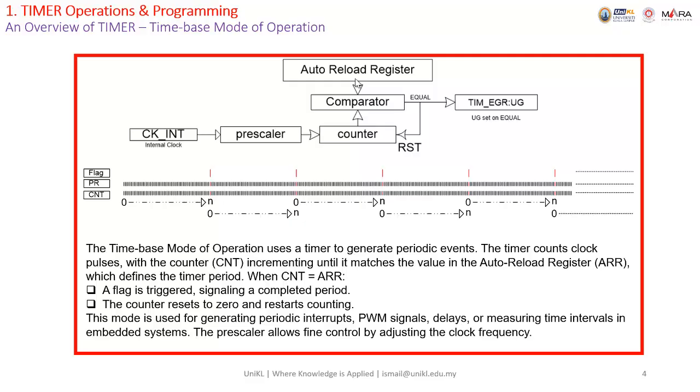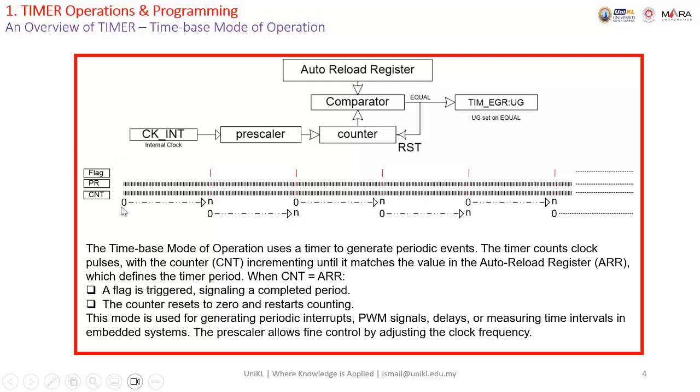At each time, the comparator will compare the value inside the auto reload register and the counter. Whenever the values are equal, it will reset the counter to 0 again.